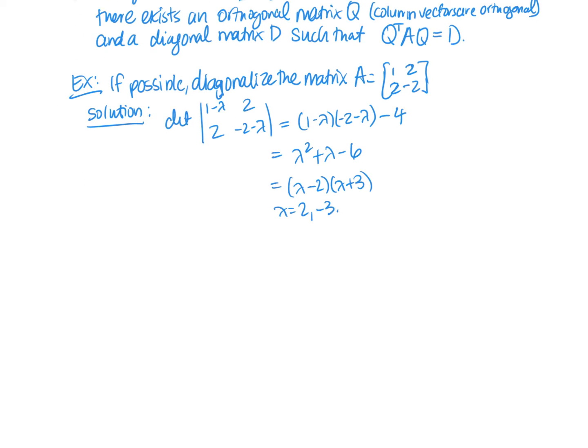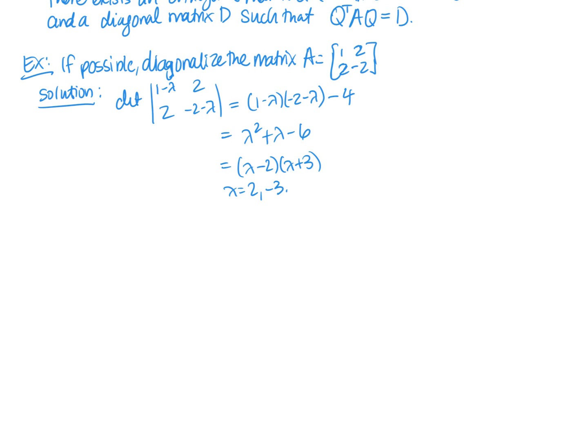Now I want to find the eigenvector that corresponds with each of those. Let's start with lambda equals minus 3. That gives me 1 minus negative 3 is 4, 2, 2, and then negative 2 plus 3 is 1. I want to find the null space of that matrix. I can divide that first row by 2 and subtract it from the second one, and I'll get 2, 1, 0, 0, 0, 0.